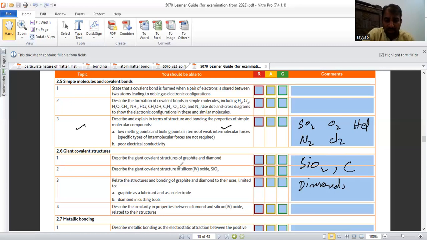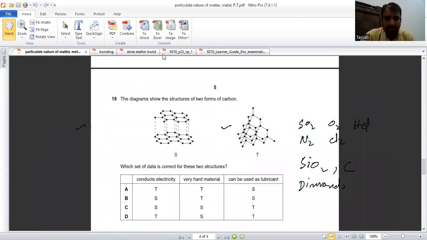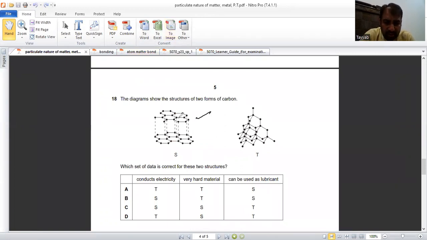Describe the giant covalent structure of graphite and diamond. In diamond, each carbon is covalently bonded with 4 other carbon atoms, so no electron is free. In graphite, each carbon is covalently bonded with 3 other carbon atoms to form a hexagonal structure. If you see this structure of graphite, each dot is showing carbon.